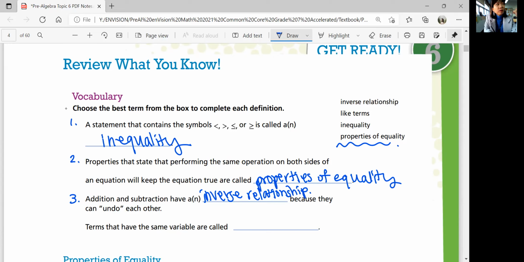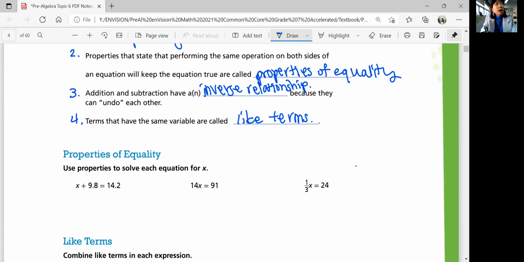Okay, number 4, terms that have the same variable are called like terms. You can add and subtract like terms. Number 5, properties of equality. Use properties to solve each equation for x. Which property can you use?